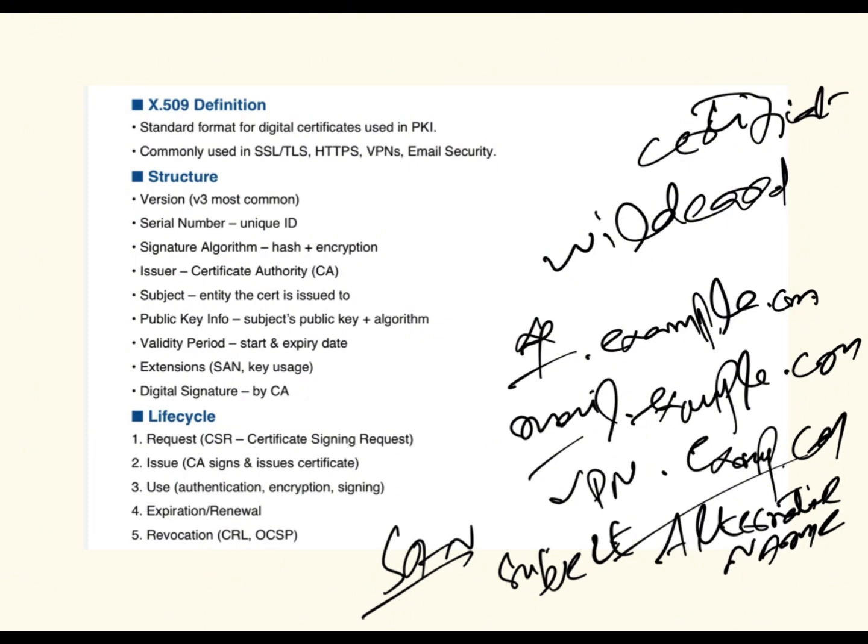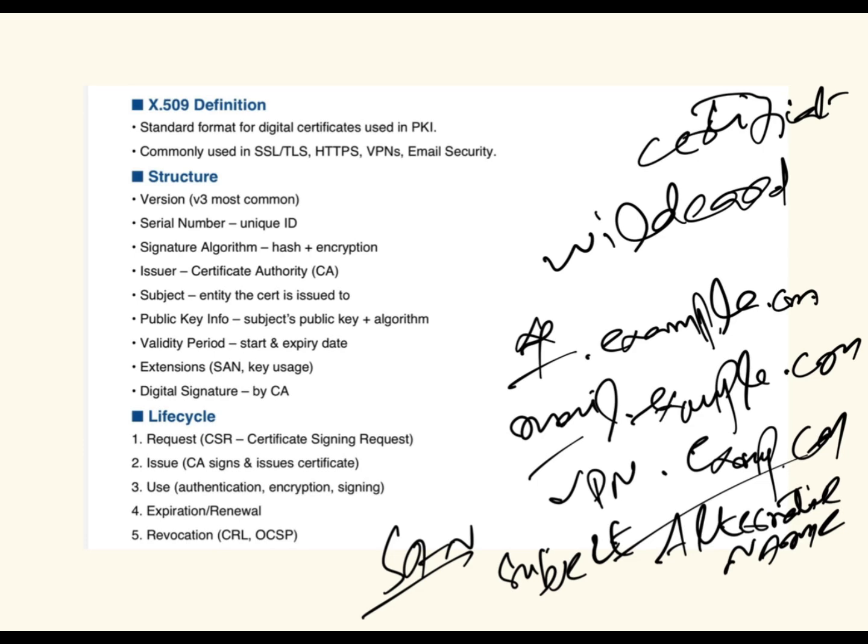Now let me conclude what we have discussed. Root: trust anchor. Intermediate: chain of trust. Wildcard: all subdomains. SAN: multiple domains. Self-signed: internal only, not trusted by browsers. Code signing: software integrity and authenticity.